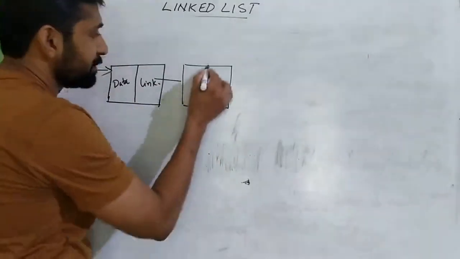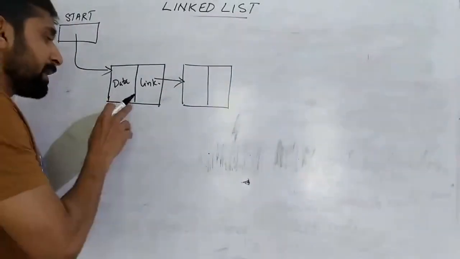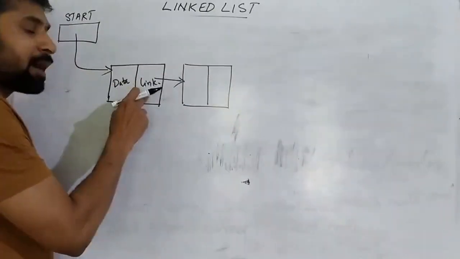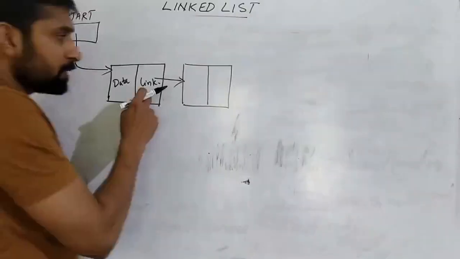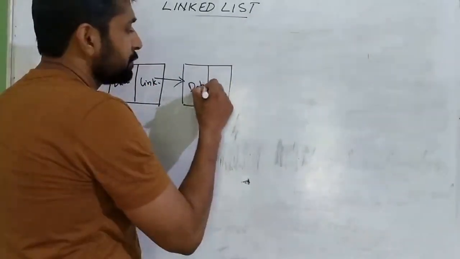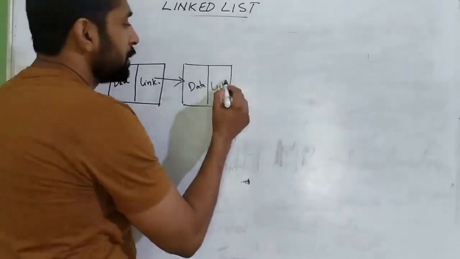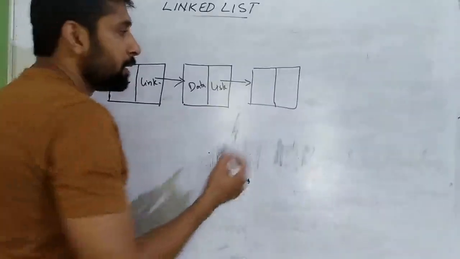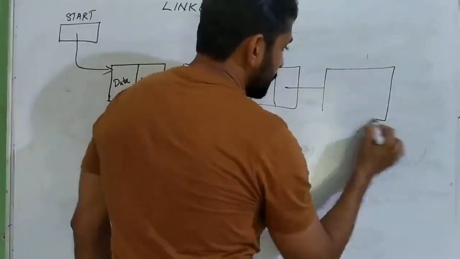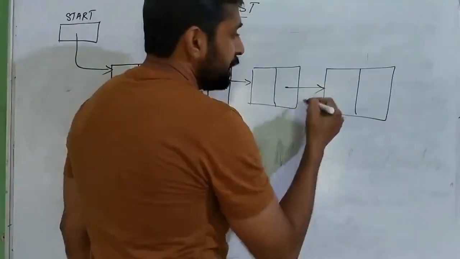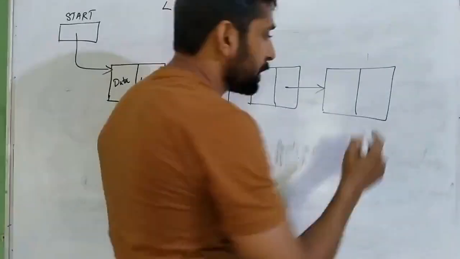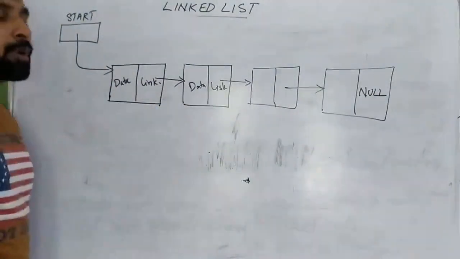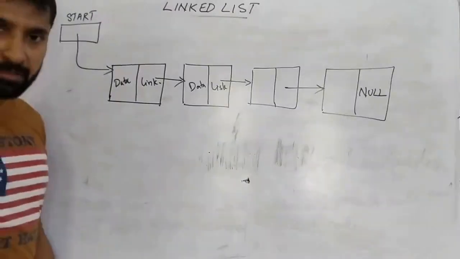So we represent it like this. If you reach here, we can access this node. Why? Because we have the address here in this node. Again, this is data, this is link. Address of next node is here. Again we have the address of the next node here. It continues, and in order to indicate the end node, the last node here contains null. So this is the pictorial representation of a linked list.